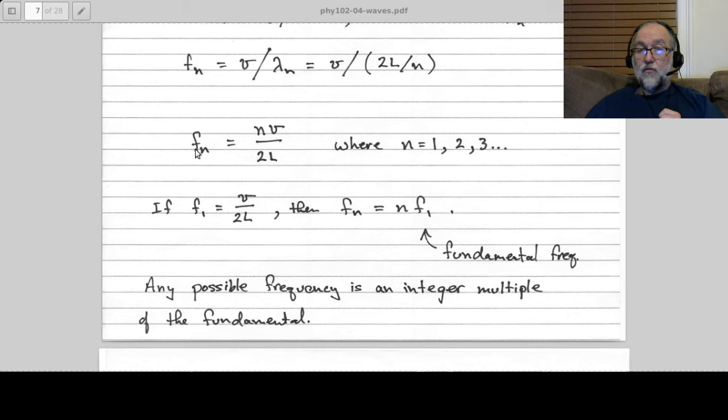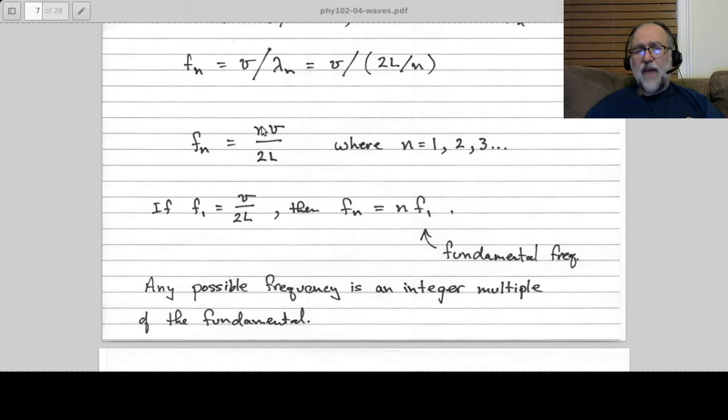The frequencies themselves are discretized. You get an F1, an F2, an F3, an F4, and an F5. You don't ever get an F1.7 or an F3.9. It's always F of some particular integer. And Fn is equal to n multiplied by v, the velocity of the waves in the string, divided by 2L, where n must be an integer.